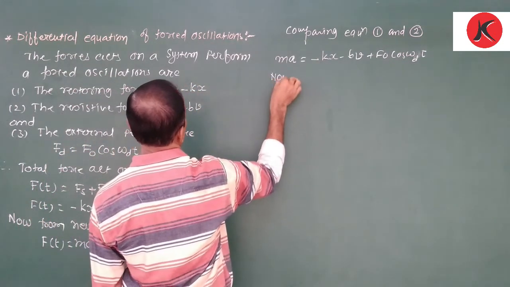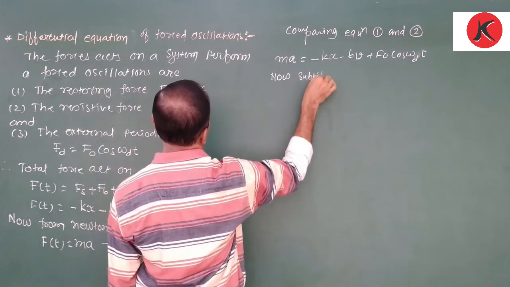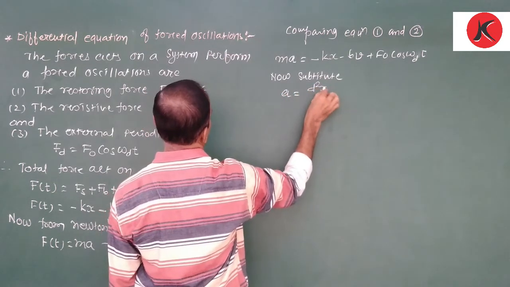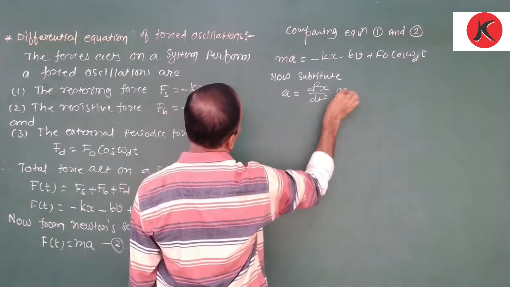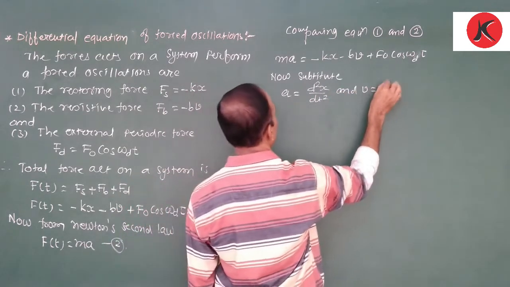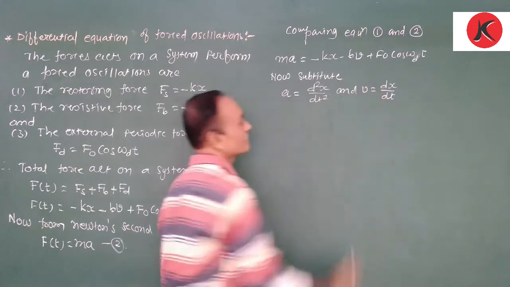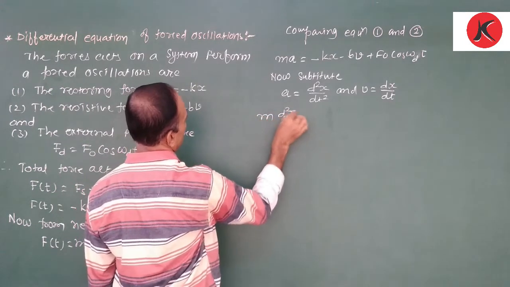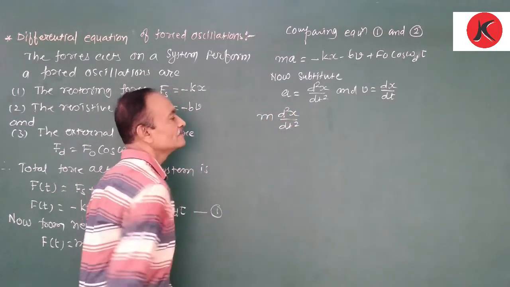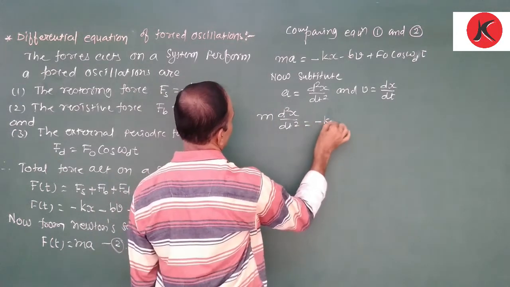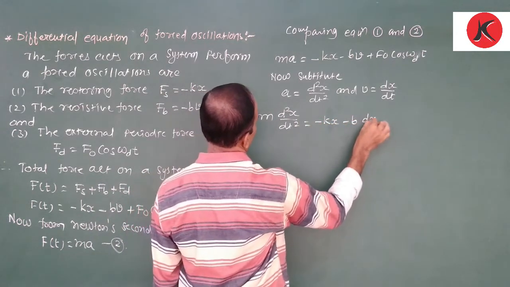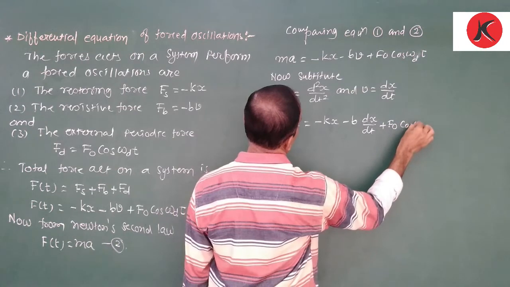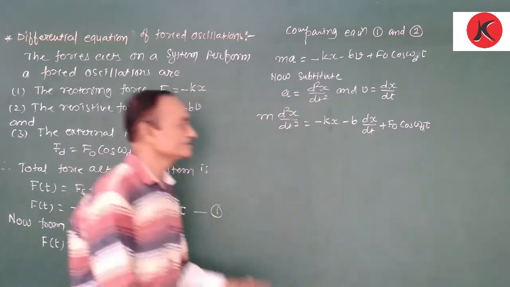Now substitute acceleration as the double derivative of displacement, d square x upon dt square, and velocity v is equal to dx by dt. Therefore, m into d square x upon dt square is equal to minus kx minus b dx by dt plus F0 cos omega d into t.